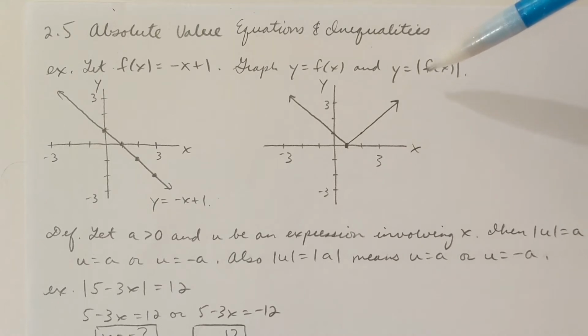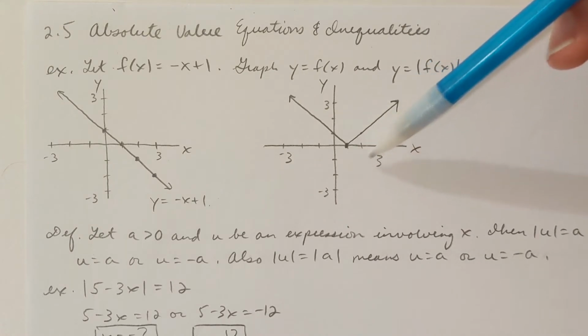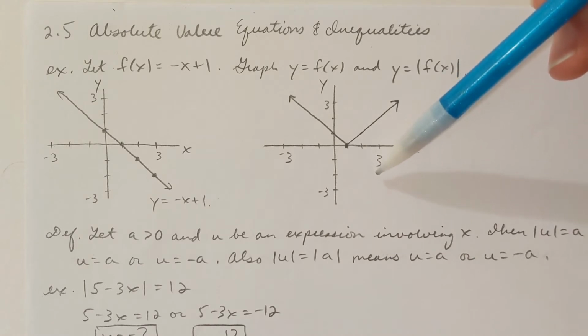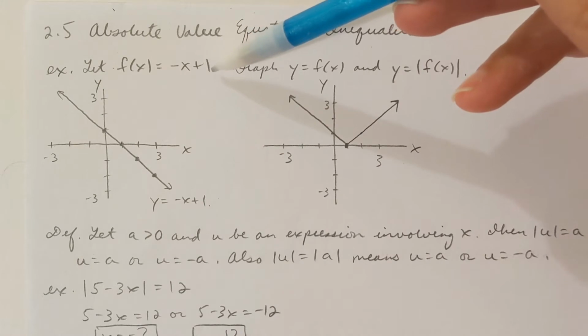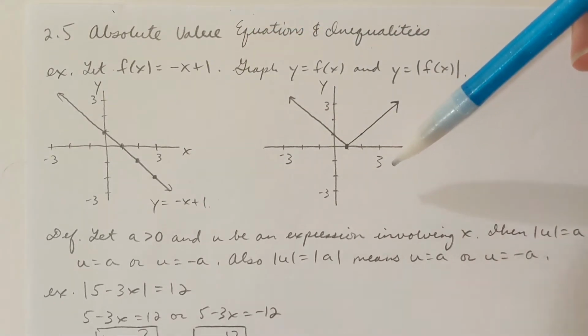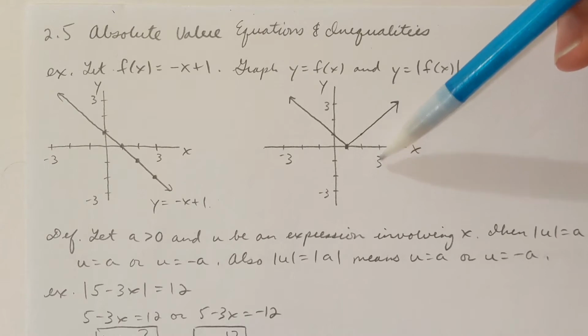The absolute value of negative 1 is positive 1. When x is 3, negative 3 plus 1 is negative 2, and the absolute value of negative 2 is positive 2.